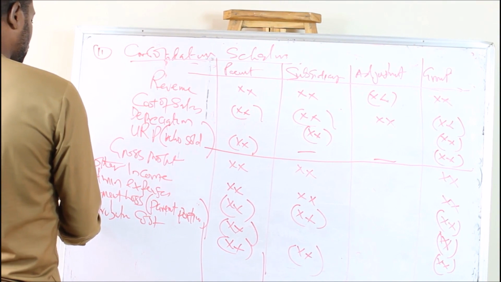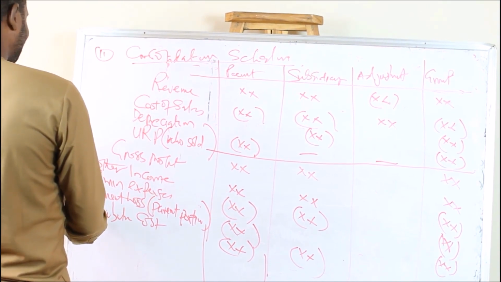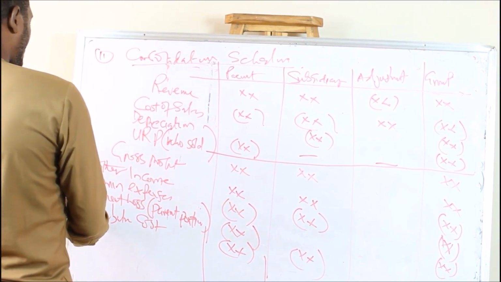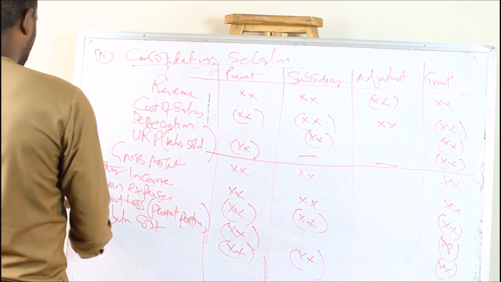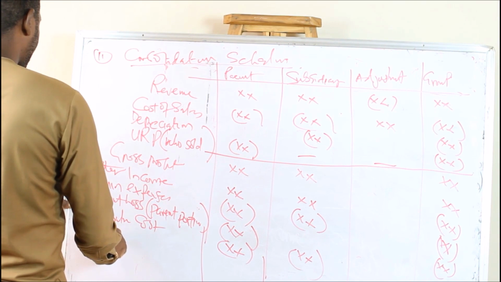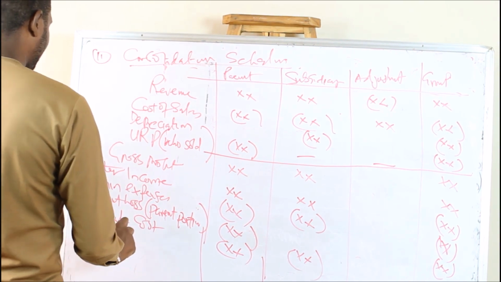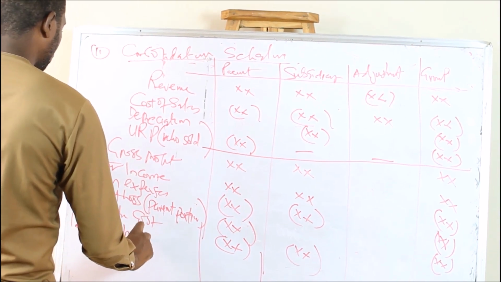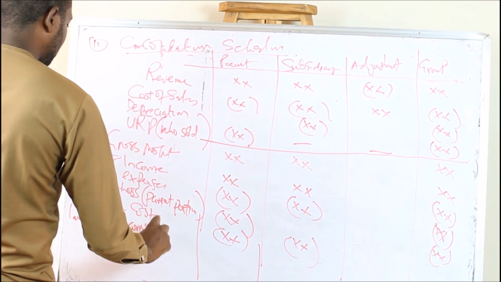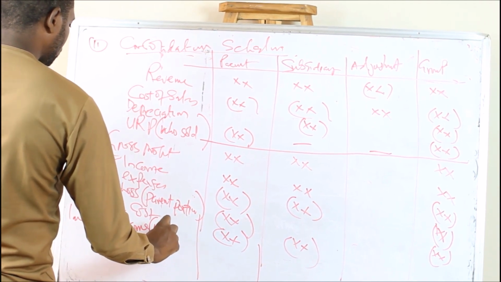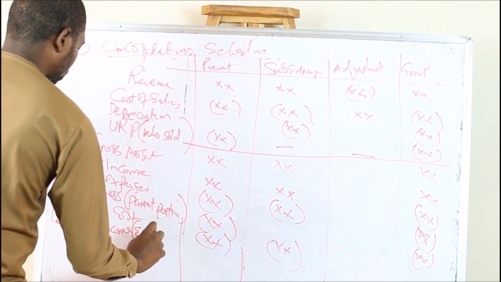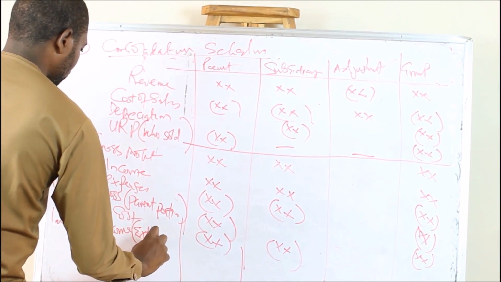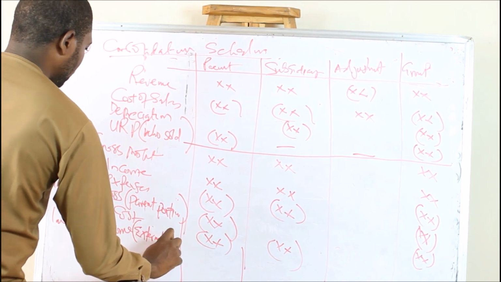If you want to show it, you can have investment income, which is third party only, external company only.